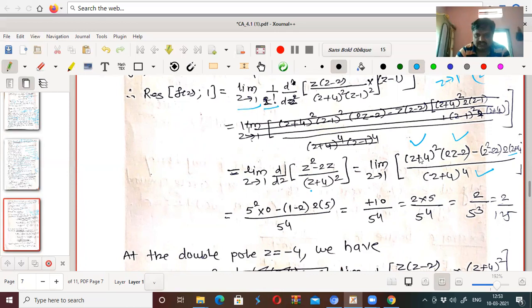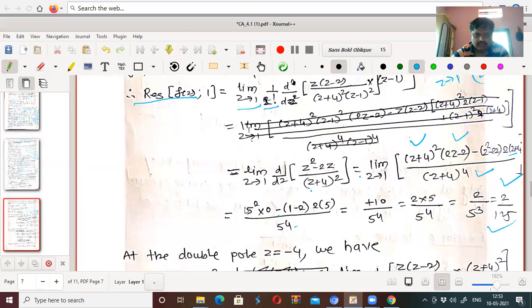Take z tends to 1: here we get 5 square into 2 minus 2, which is 0, minus 1 minus 2, that is minus 1, into 2 into 5, divided by 5 to the power 4. Now this will be 0, minus minus 1 into 2 into 5, that is 10, 10 upon 5 to the power 4, that is 2 into 5 upon 5 to the power 4, one 5 cancels with one 5, 2 upon 5 cube, that is 2 upon 125. So the residue of f of z at z equal to 1 is 2 upon 125.